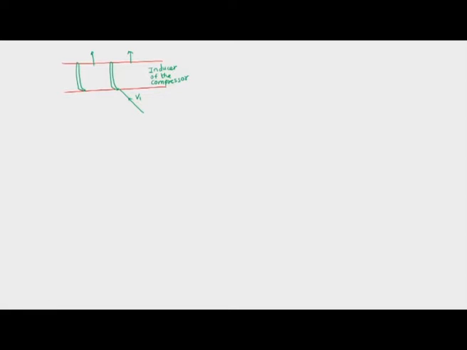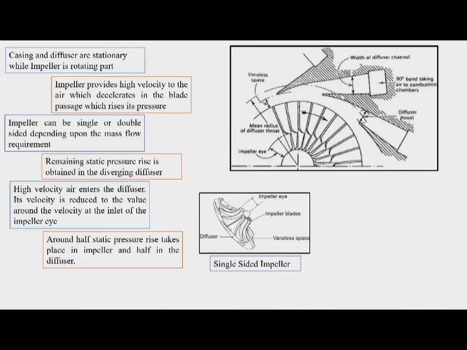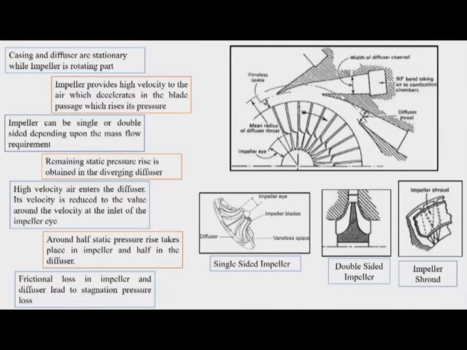But the inducer is rotating, so this is the rotational speed U1 in this direction. If you go back, you can see that this is the direction of rotation as shown for the impeller, and this is the inducer.